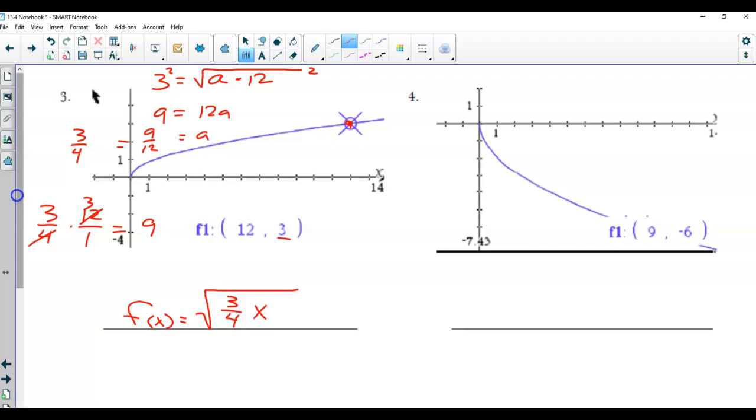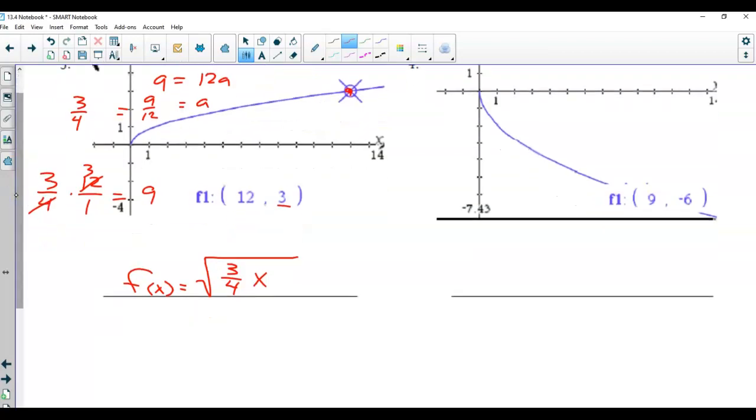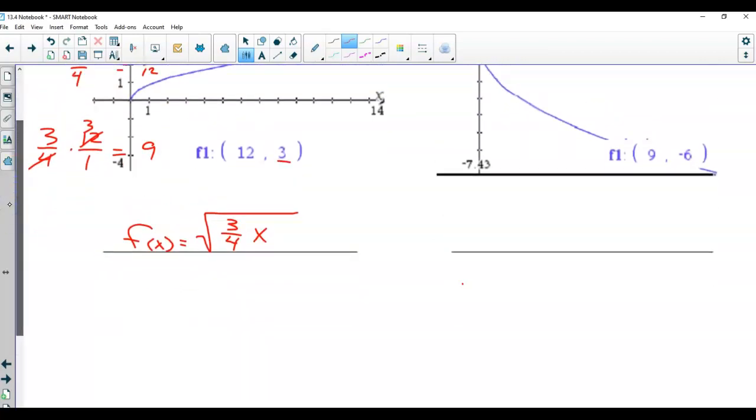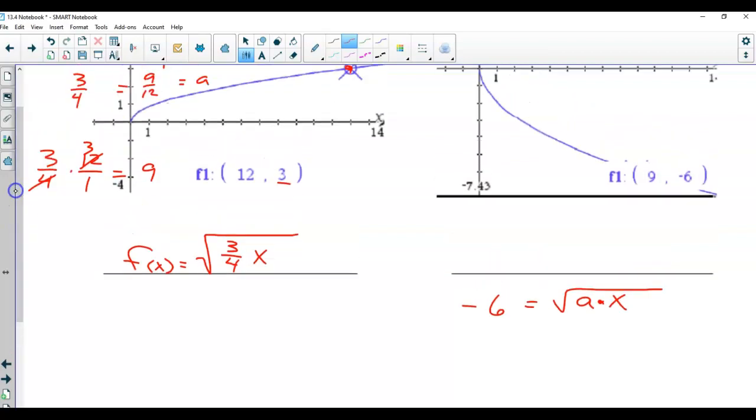All right? And the very last one we're going to do is this bottom one. We need an output of negative 6. What multiplier am I going to take times x? The other thing I need to look at here is that this one goes down, this one's reflected across the x-axis, so I do know I need a negative out in front of that.